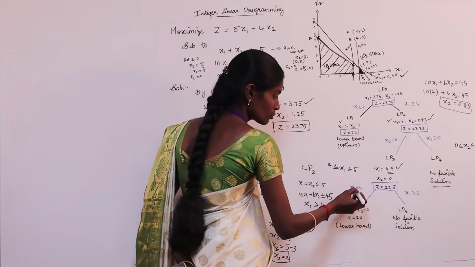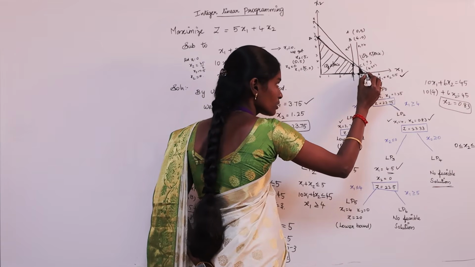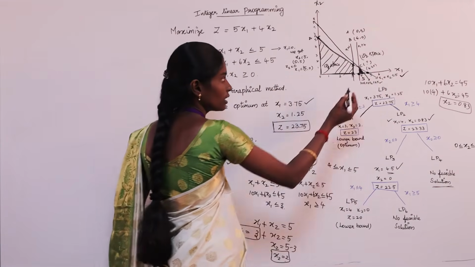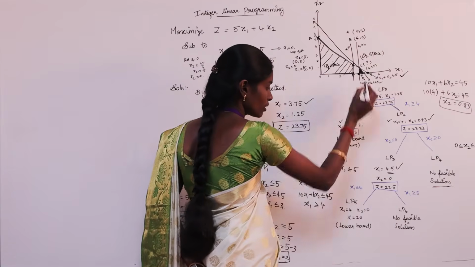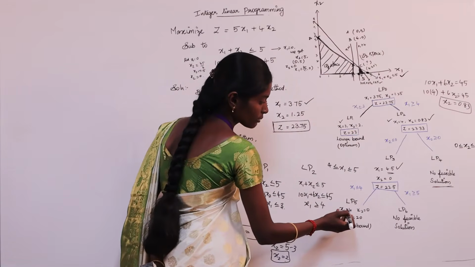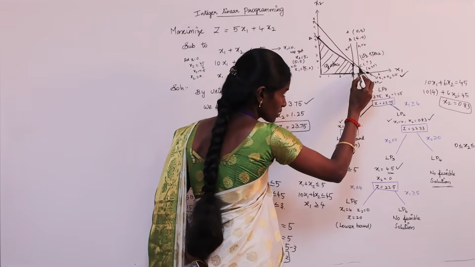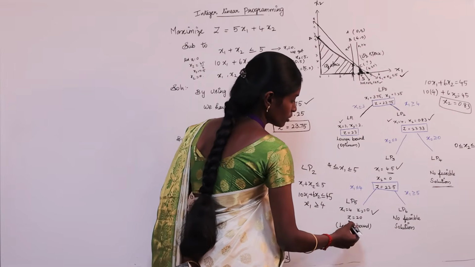Now we are choosing x1 equal to 4, and another point is x1 equal to 5. In our LP3 space we have this point alone. If we put x1 equal to 4, we have x2 equal to 0.